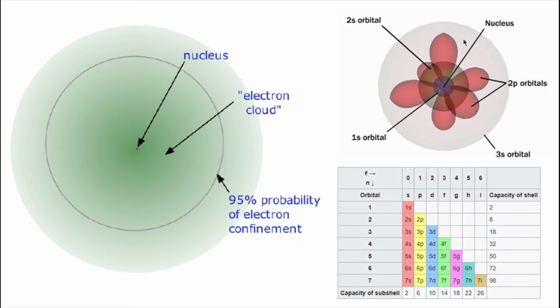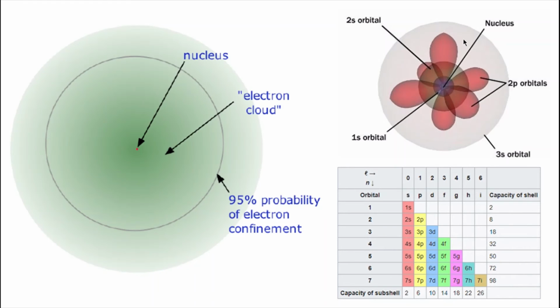But what the orbital model does is that it paves the way for some more advanced chemistry topics. So to the left, you can see the basic understanding of the orbital model, but there's more specific stuff to the top right, in which there are different types of orbitals.